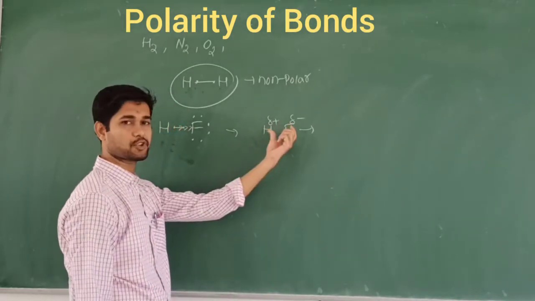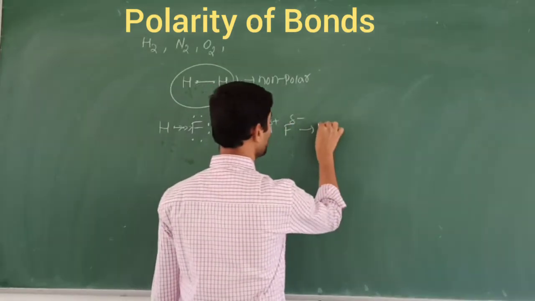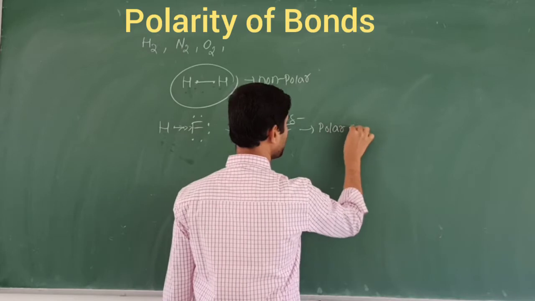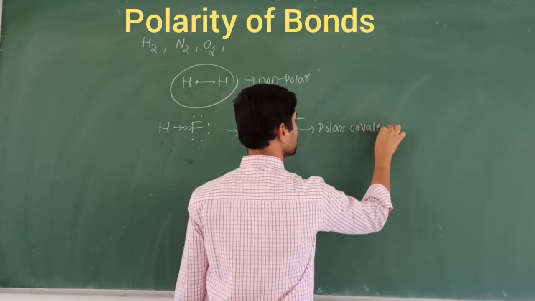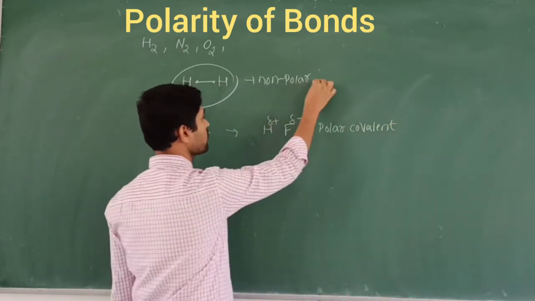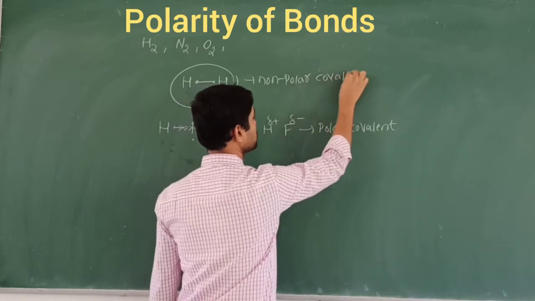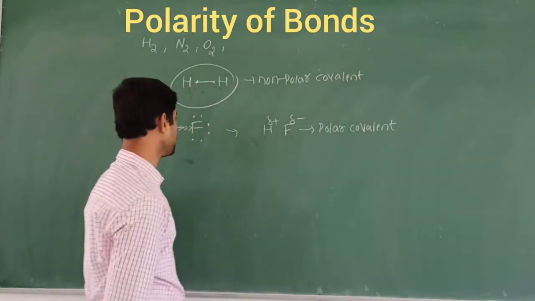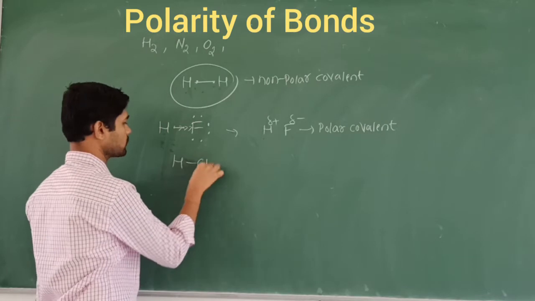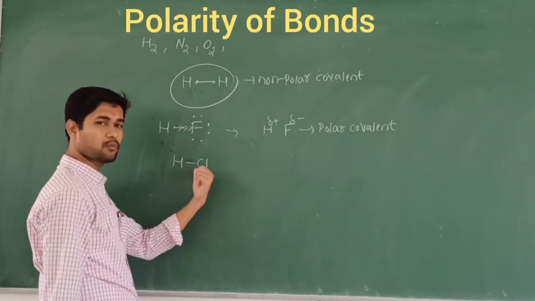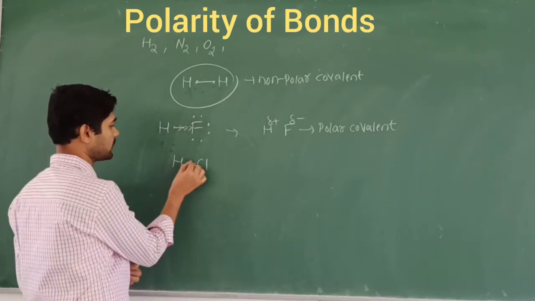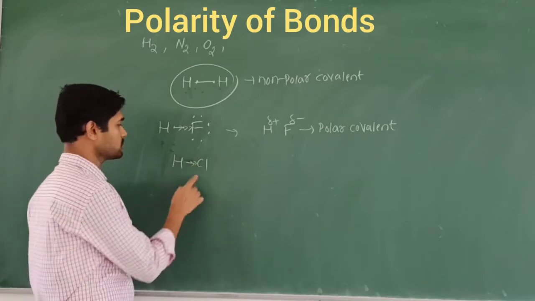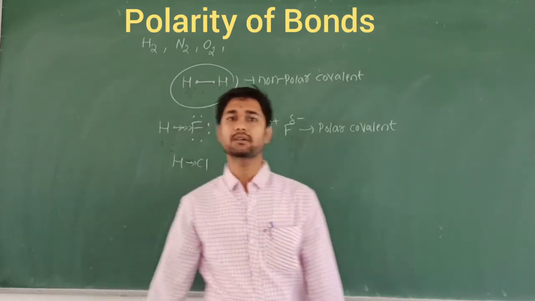Polar means charge separation. Due to this charge separation, we name it a polar covalent bond, and the other is a non-polar covalent bond. One more example: HCl is also formed like this, because chlorine is more electronegative than hydrogen. So the electrons move like this.